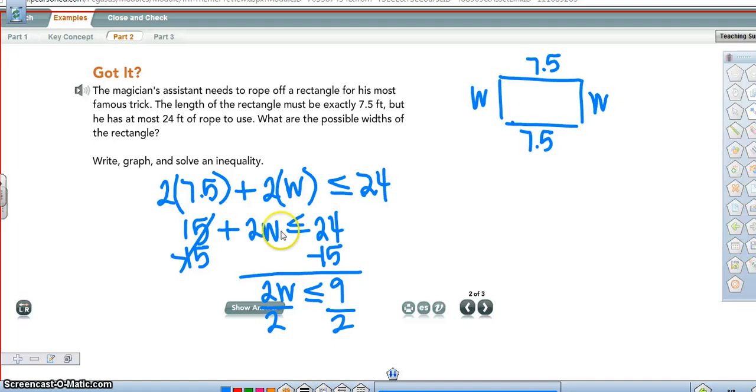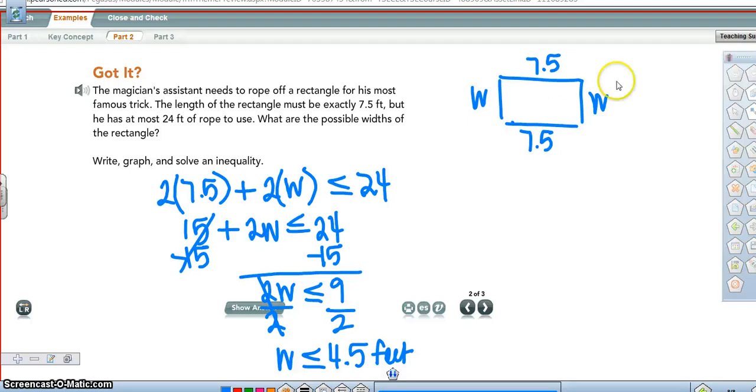No, we divided by a positive value, so good. We're not going to switch the inequality sign. 9 divided by 2 is 4.5, and we're measuring in feet. So the width is less than or equal to 4.5 feet. If the width gets greater than 4.5 feet, we're going to run out of rope. We won't have enough perimeter to use all the way around the rectangle.